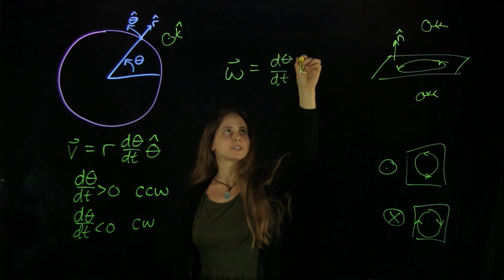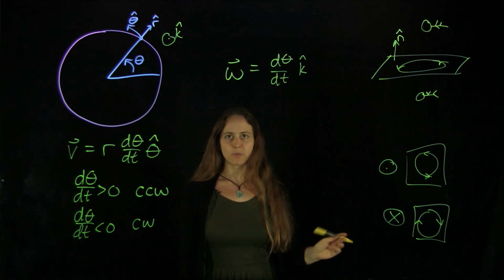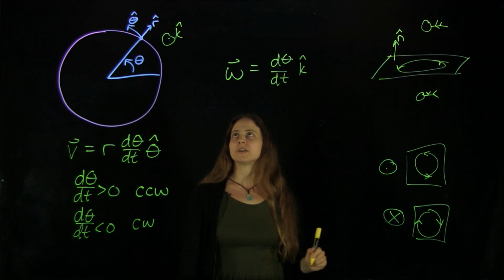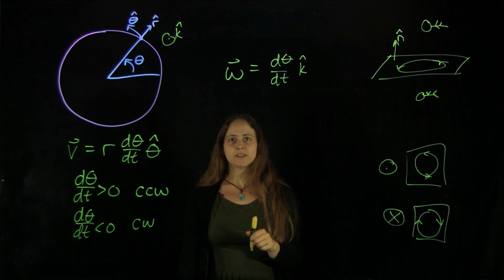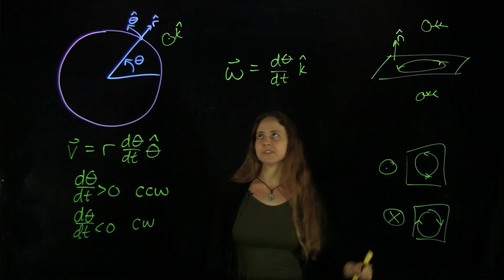Now, in the k hat direction in this case, it could be in an arbitrary n hat direction, depending on what your plane of motion is. In this case, I'm going to call it the k hat direction. And now you can see that these signs are going to line up with these directions.